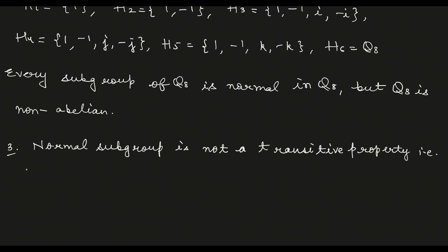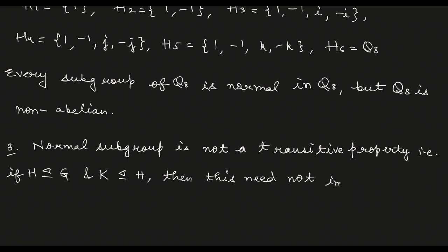That is, if H is a normal subgroup of G and K is a normal subgroup of H, then this need not imply that K is a normal subgroup of G.